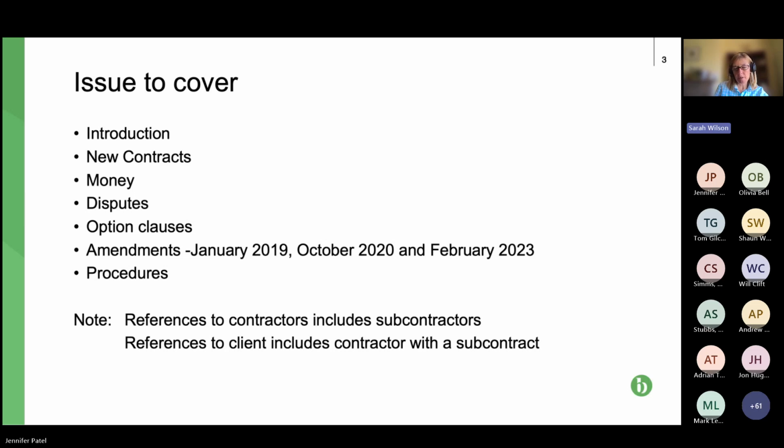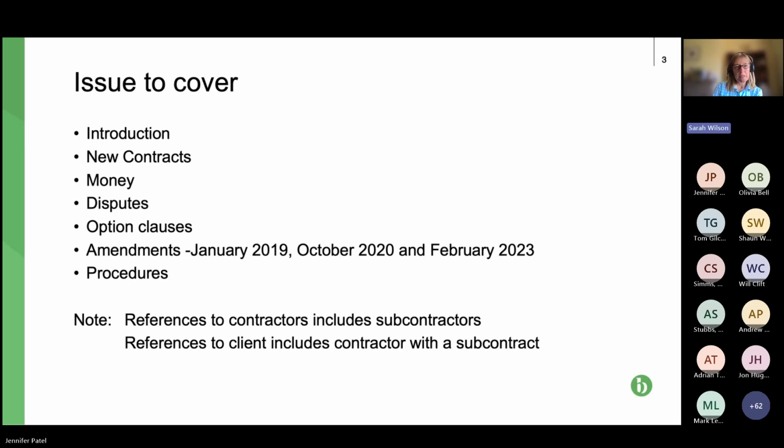The procedures in the slides are just an extra for you to peruse at your leisure if you would like to. So just note when I'm talking about contractors, that includes subcontractors in a subcontract. But note, as regards timescales, we're talking about contracts. The subcontract timescales might be slightly different, so just be aware of that.